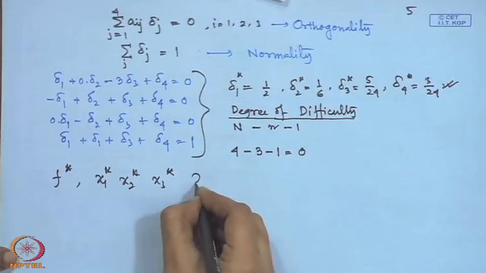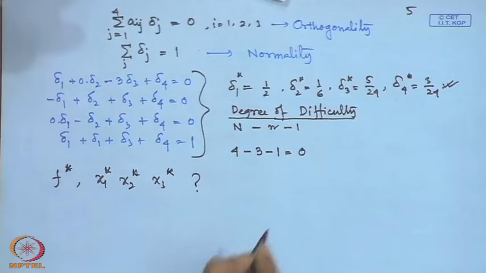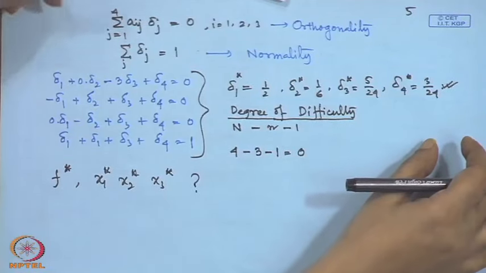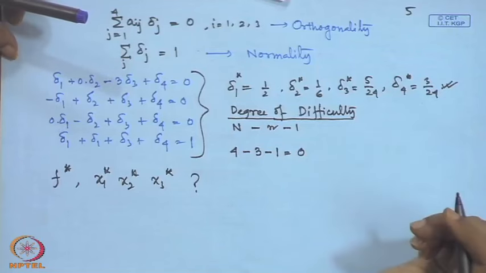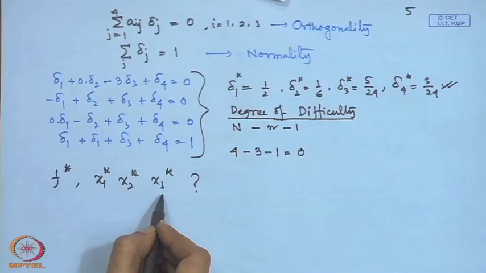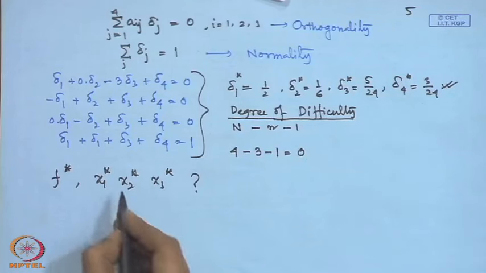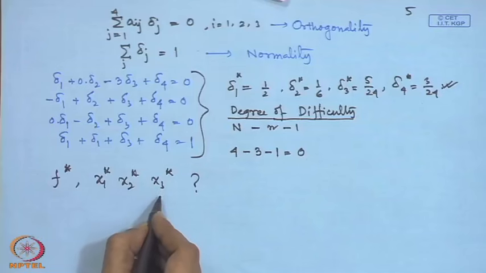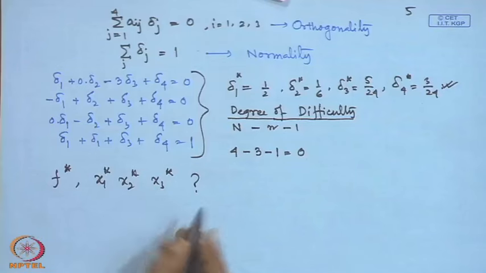This is the beauty of the geometric programming problem, that we do not calculate the decision variable values first, as we do for other nonlinear programming or linear programming problems. There, we calculate the optimal values of the decision variables first, then we substitute the values in the objective function and we get the optimal value of the objective function.